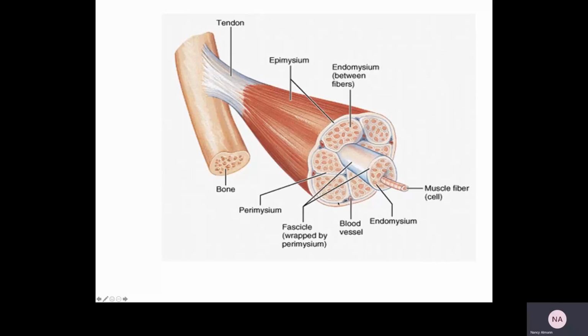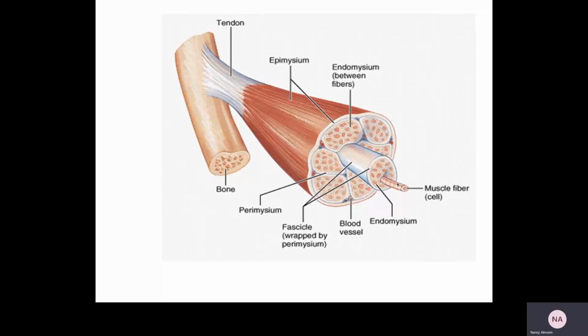So let's go over that again. Muscle fiber, the actual cell membrane of a muscle fiber, has a specific name, which is a sarcolemma. That sarcolemma will be surrounded by the endomysium, a connective tissue covering. When you take multiple muscle fibers and bundle them together, you have a fascicle.